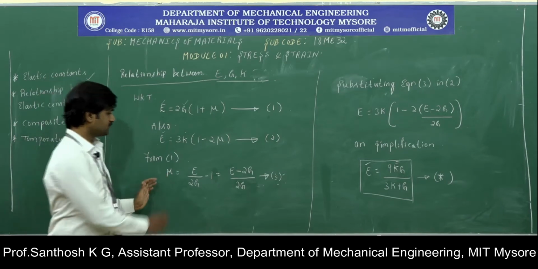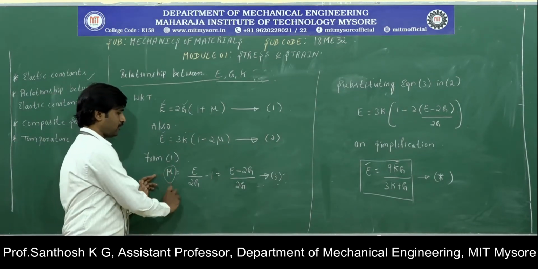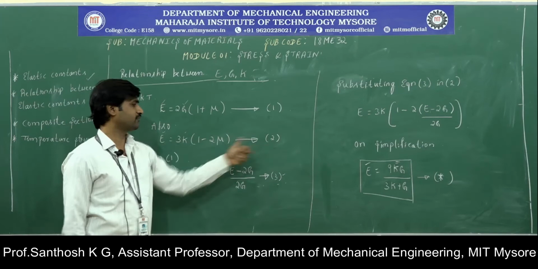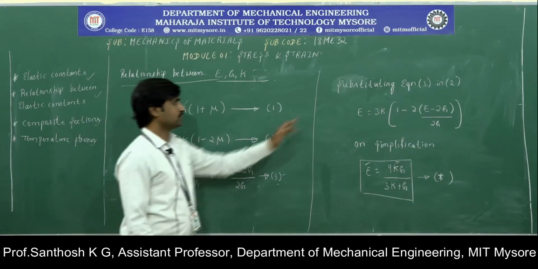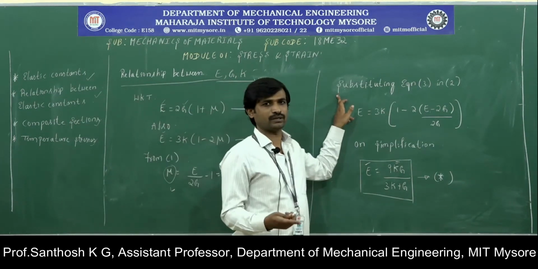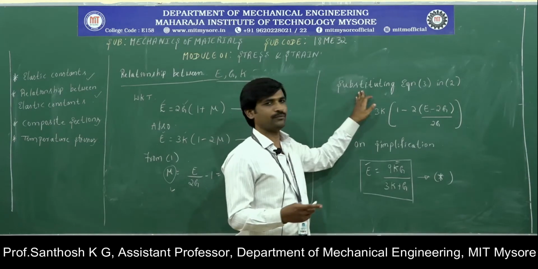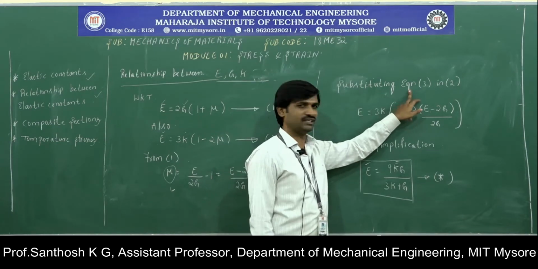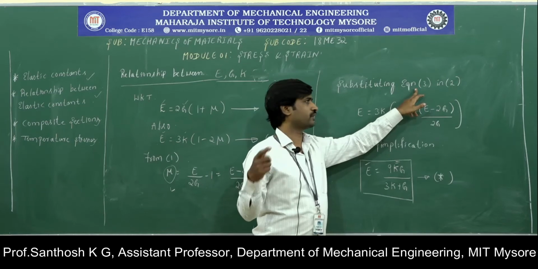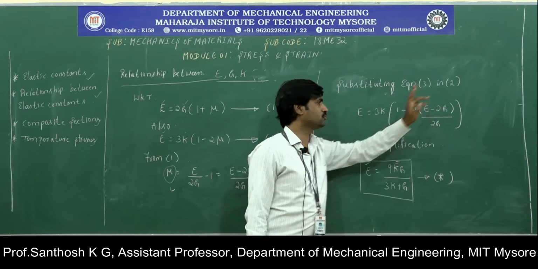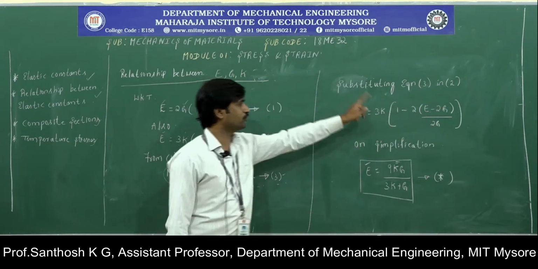Now I am going to substitute the value of mu in equation 2. The second mathematical manipulation I am doing is to substitute equation 3, which consists of the value of mu, in equation 2.